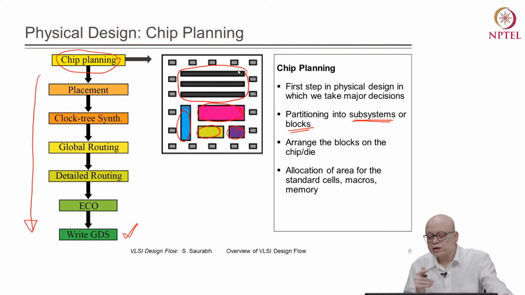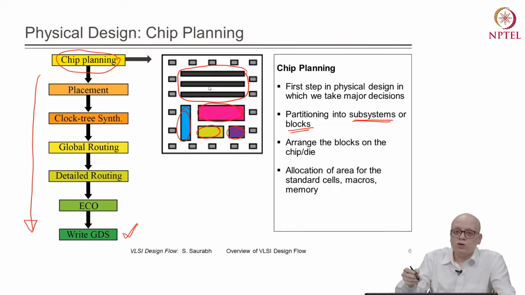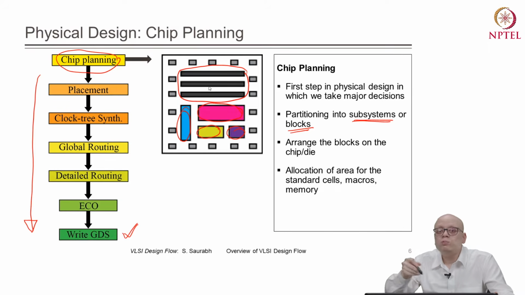So we allocate rows on the layout where the physical design tool will be allowed to put standard cells. But we do not decide the location of each individual standard cell. We just say that this is the area for standard cells. Later, in later stages, standard cells will be placed in that area, but we decide the location of bigger blocks at this stage.